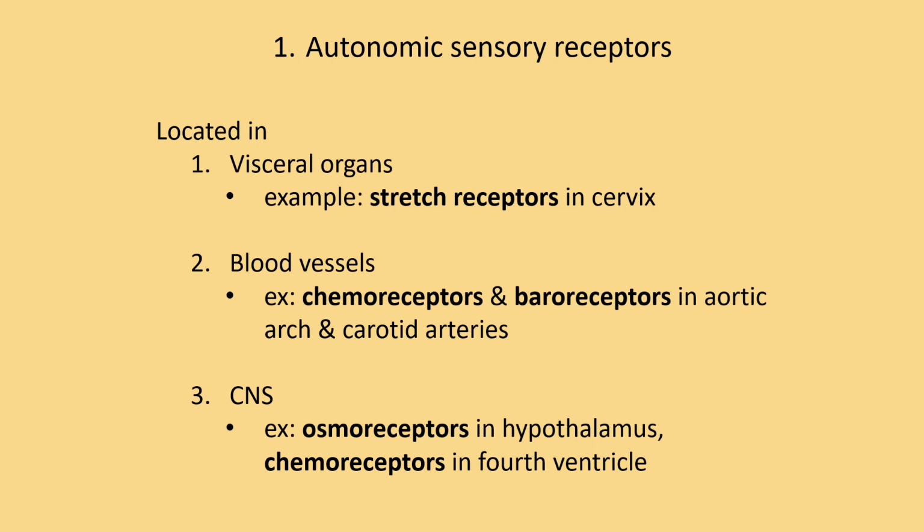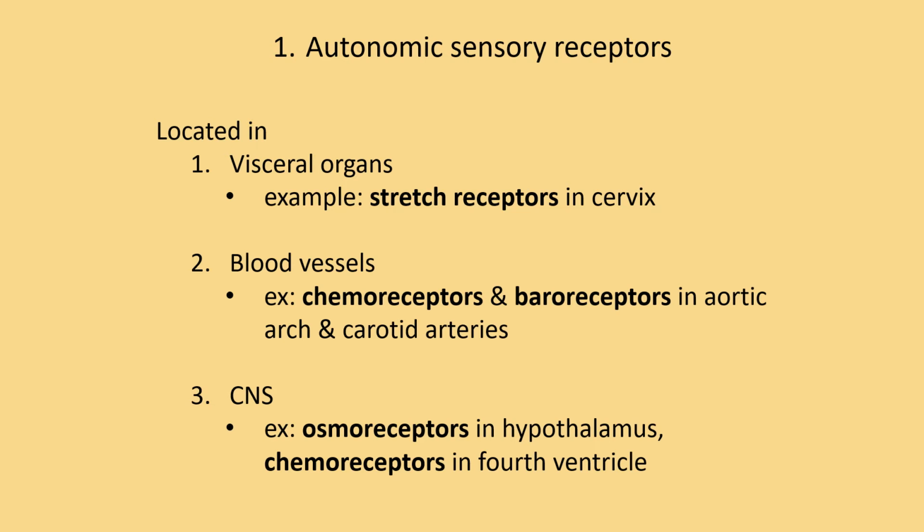And here's an example of a type of interoceptor, the stretch receptors that are in the cervix, which is the inferior portion of the uterus. Those stretch receptors are absolutely paying attention to something that's happening inside the body, completely oblivious to things that are happening outside the body.